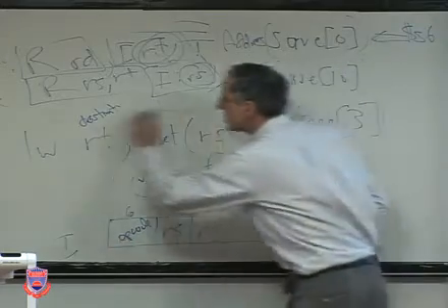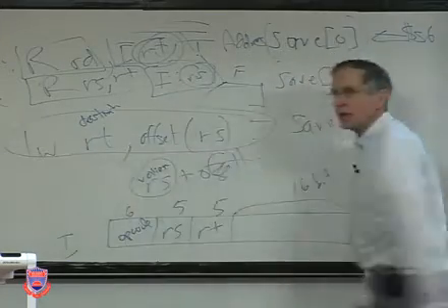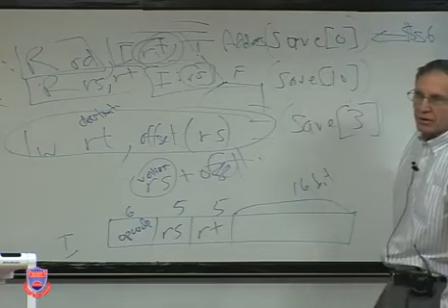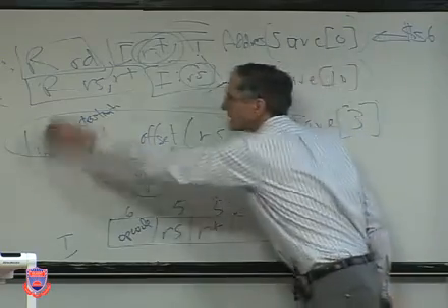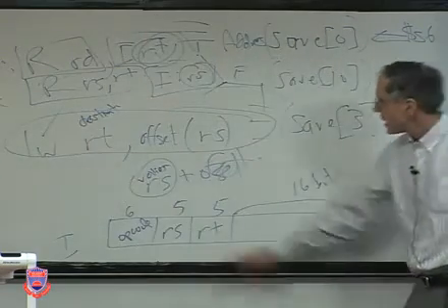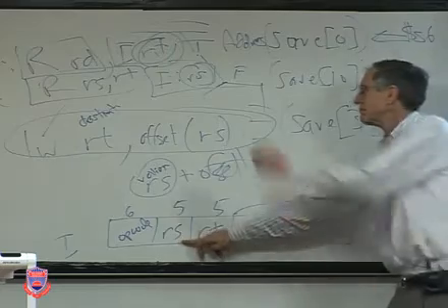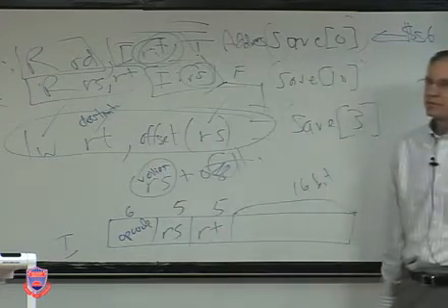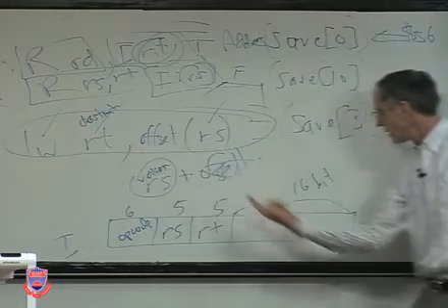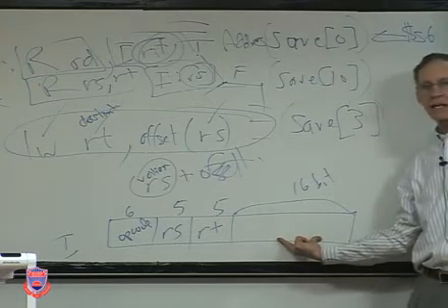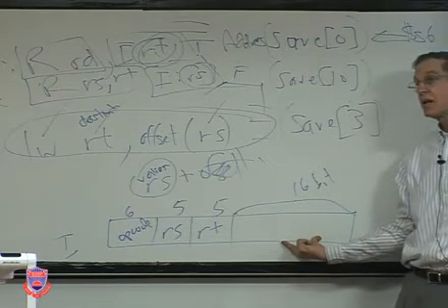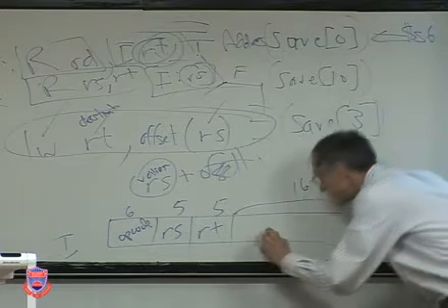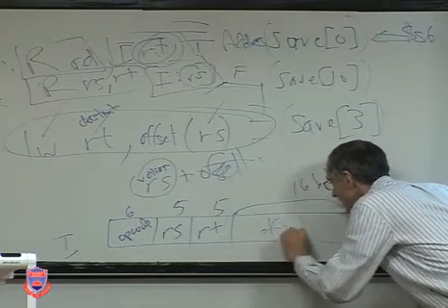Now you search this and tell me which one is the opcode. Done. Which one is the RS register? Done. Which one is the RT register? Done. What's left? Offset. Where's it going to go? Here. How many bits have I got? 16. What can I do with 16 bits? I can write a number. So this is okay.